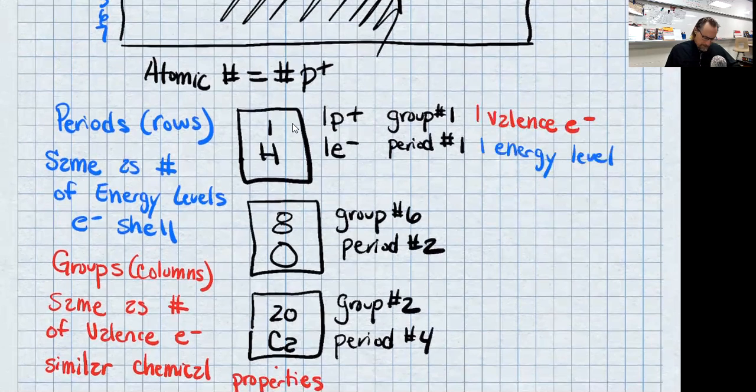And so my oxygen example is in group 6. So it's going to have 6 valence electrons. And because it's in period 2, it's going to have 2 energy levels.